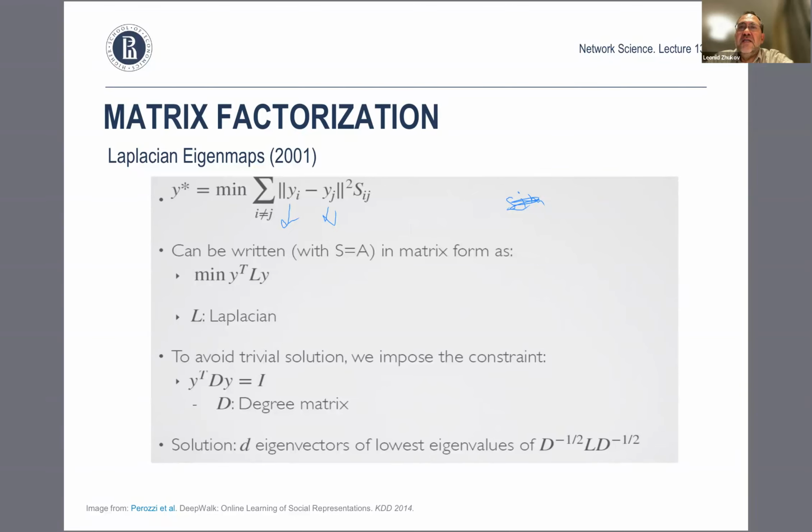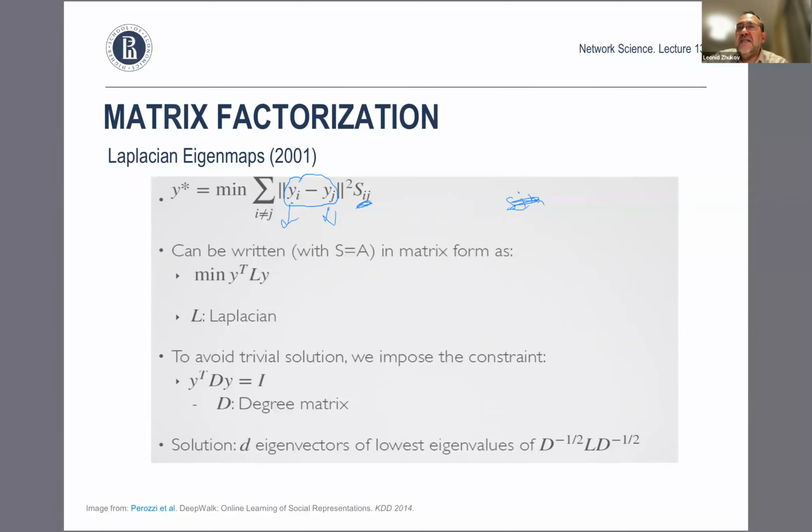What you want is that, in the case when i and j are connected, yi minus yj is small. Now, Sij, if we take it as their adjacency matrix, and let's say we have an unweighted graph, it is 0 if they're not connected, and so we don't care how far those nodes are, how far the projections, embeddings, are.